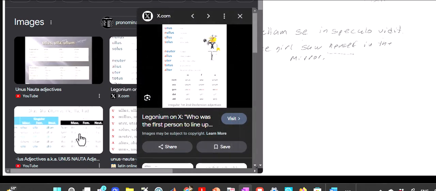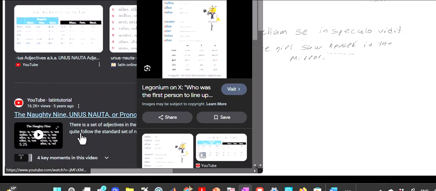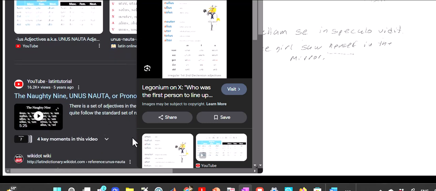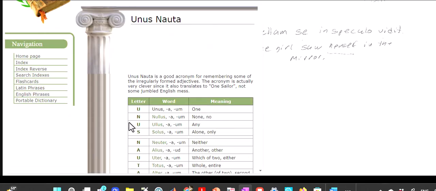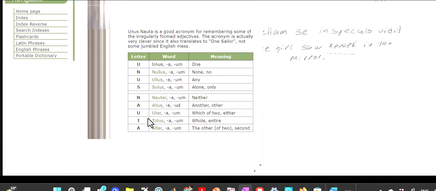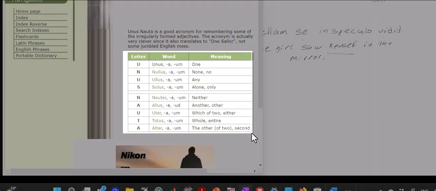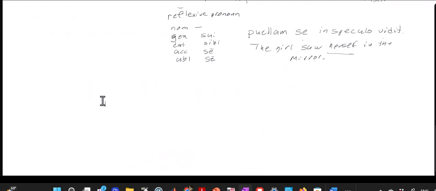Oh, the naughty nine. Unus nauta. There we go. Okay, unus nauta. So these nine adjectives are declined with the ius genitive ending and with the i dative ending.